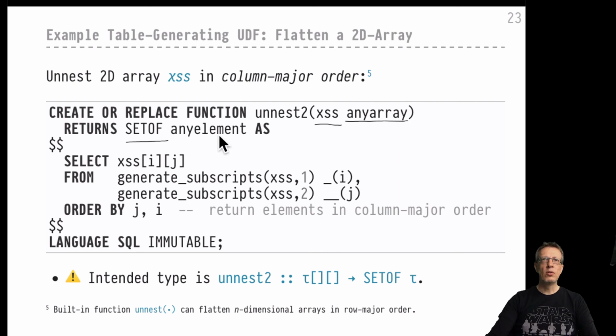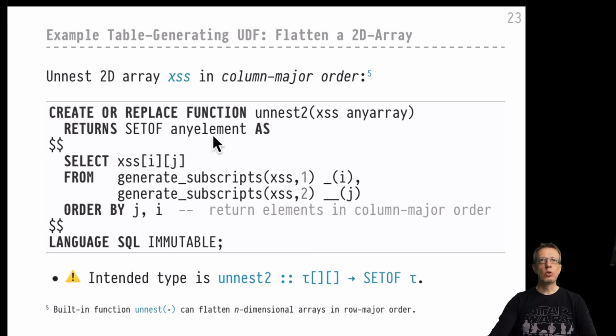So indeed, these two polymorphic types are connected to each other. The element type of this array would be just this particular return type in the generated table. These would be identical, the element type of the array and the return type in this generated table.